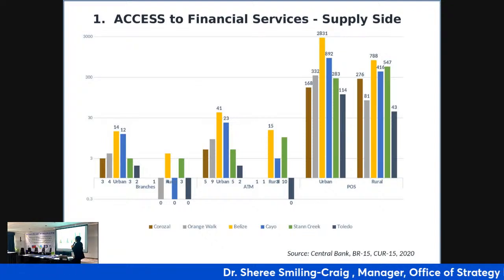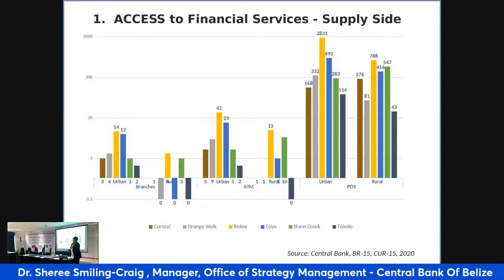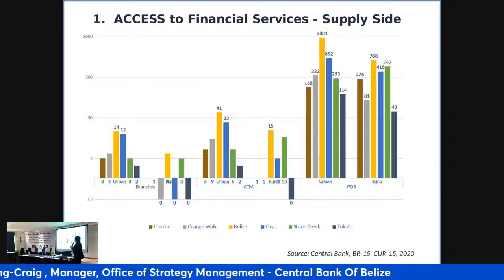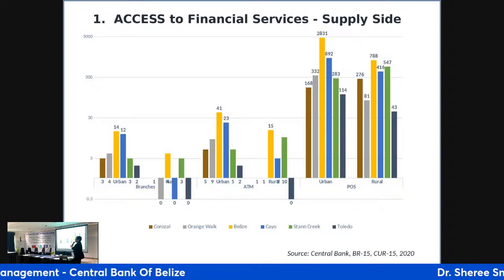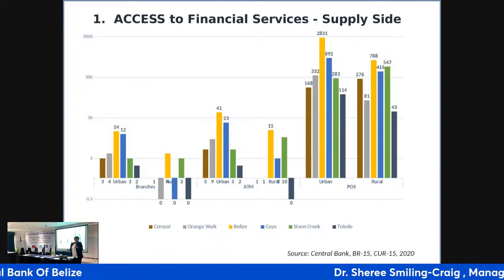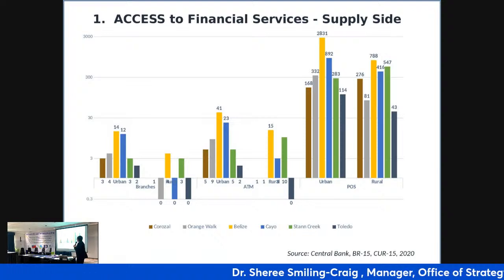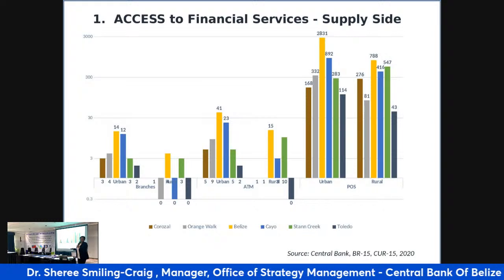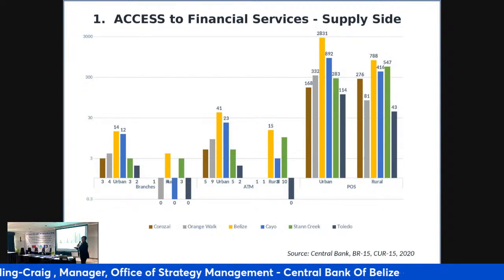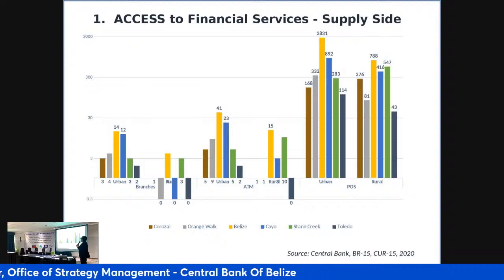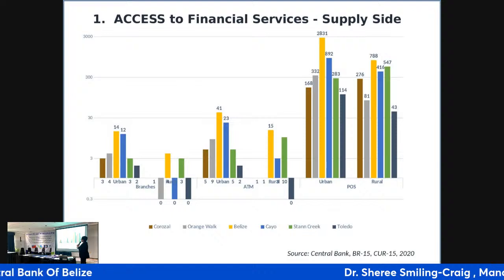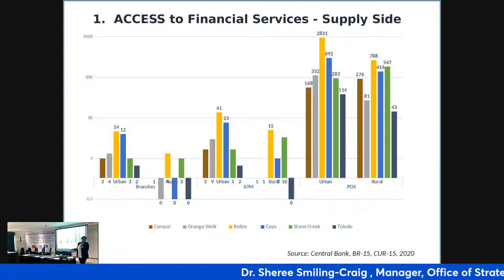You will notice that when it comes to access to financial services, of course, the Toledo district is represented by the dark blue, and they have very minimal access to financial services. When it comes to branches, there are 2 financial institutions in the Toledo district, in the town itself, right? And so these are the branches here. And if you notice, there are hardly any branches in the districts.